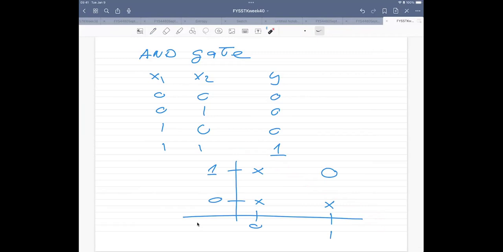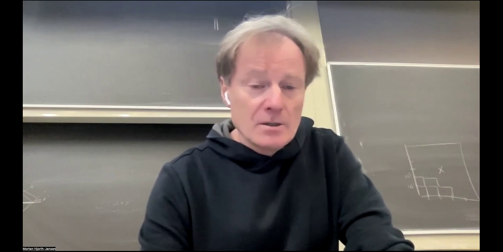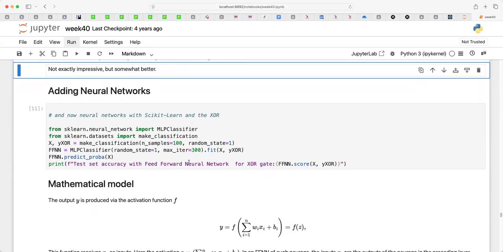So what we are going to do now is to introduce neural networks, because neural networks can actually do this fitting for us. That has to do with the fact that a neural network brings in a nonlinearity which you don't have in logistic regression and in linear regression. So let's go back to the Jupyter Notebook first, and take a quick look at what a neural network is doing.